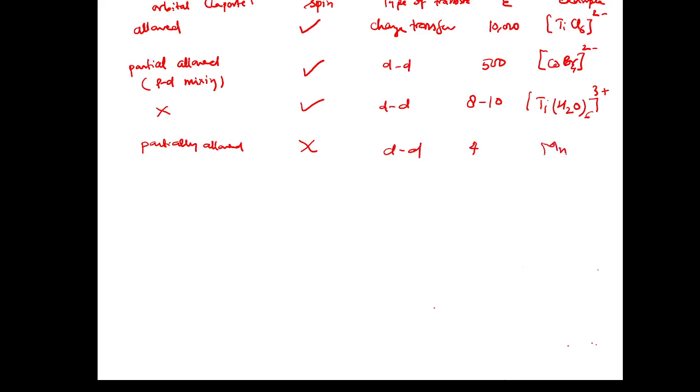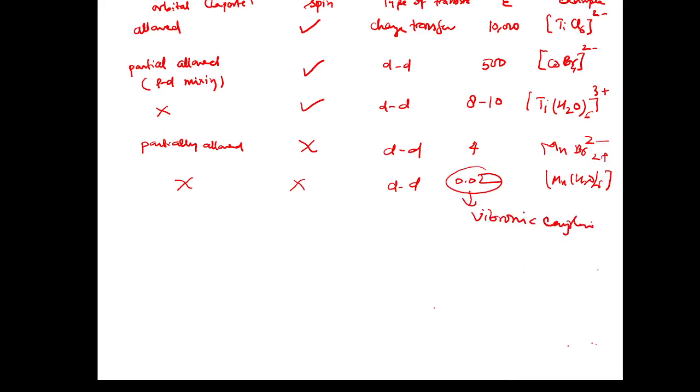This is the example, like all the manganese complexes where d-d transition is forbidden, they are always faint in color. Now suppose both are not allowed, this again comes in the d-d transition, they have very small epsilon, like Mn(H2O)6 2+. That 0.02 is also because of vibronic coupling. So this is the very important table.